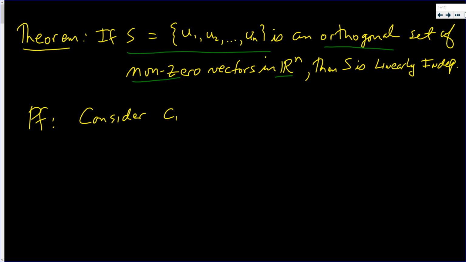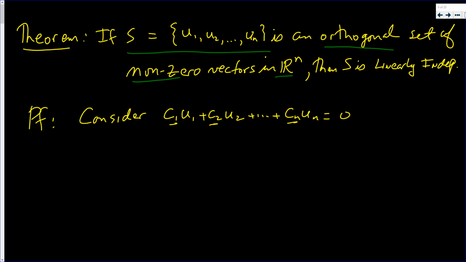Consider c1u1 + c2u2 all the way down to cnun equals 0. Somehow I have to conclude that those constants are all 0. And all I have is that this set is orthogonal and none of the vectors are 0.